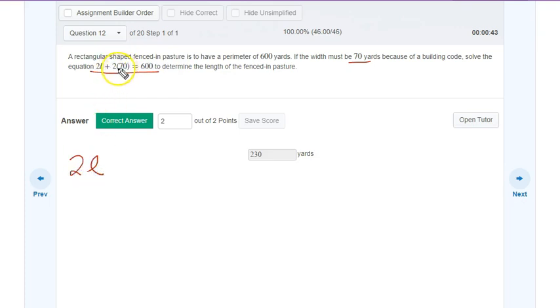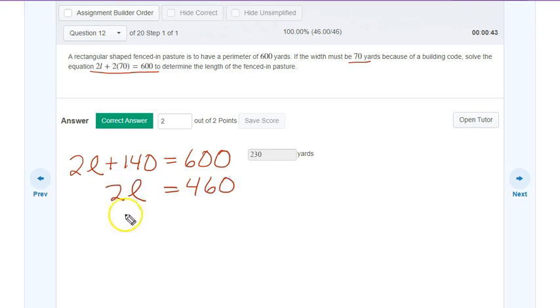Now, 2 times 70 is 140, and that equals the perimeter of 600. We subtract 140 from that, and we get 460. And then we divide both sides by 2, and we get 230 is our length.